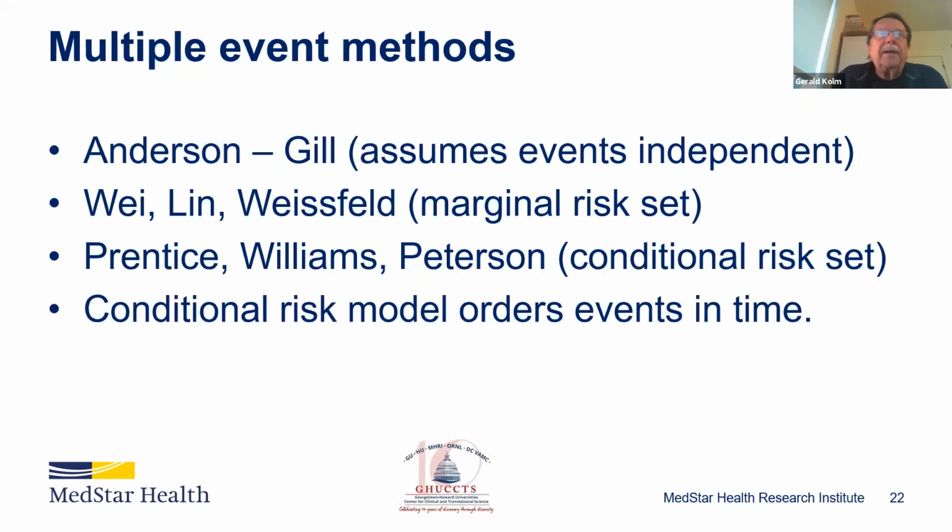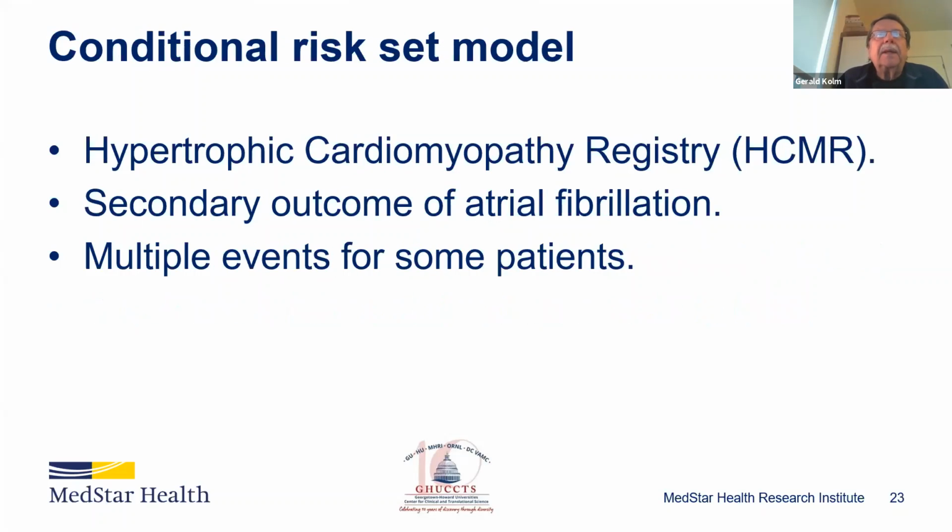Basically what that does is it orders events in time, which stands to reason: if your non-fatal event is stroke, then your second stroke can't occur before your first stroke. So we have an order of events that we set up in our data.